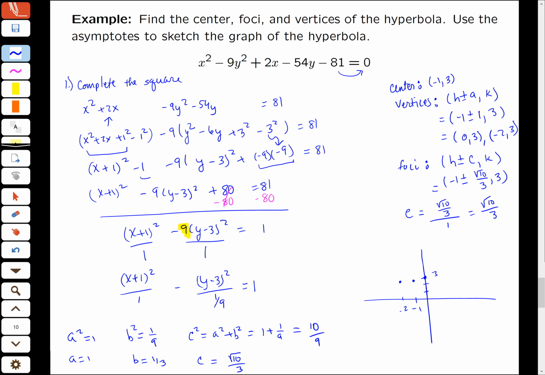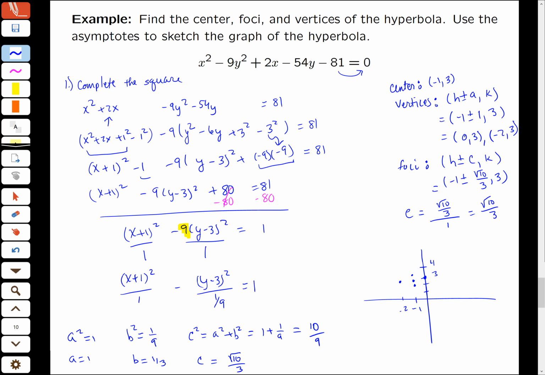And then you go up and down the square root of the amount under Y. So that would be up and down 1/3. So small amounts. And now, instead of joining with an ellipse like we did before, we're going to draw a rectangle through these points so that each of these dots is the middle of the side.